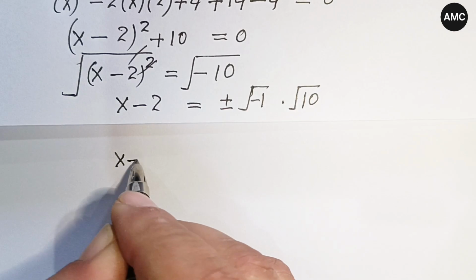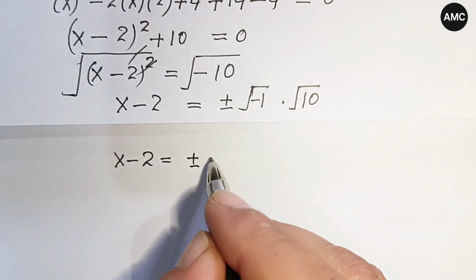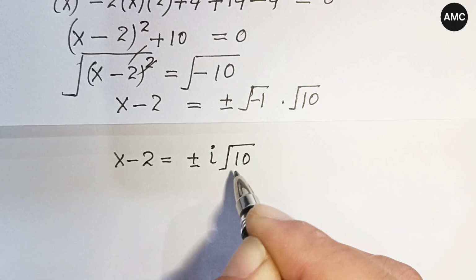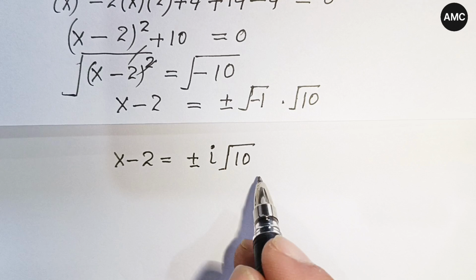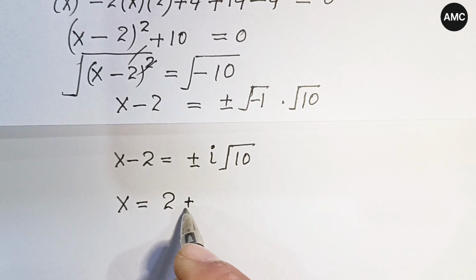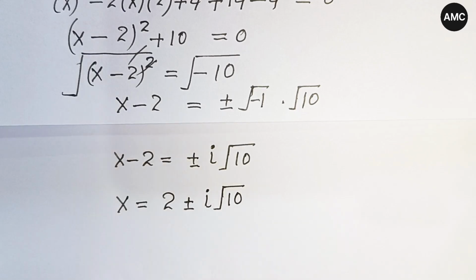Now x minus 2 is equal to plus minus square root of minus 1, which is equal to i, times square root of 10. So here shifting this minus 2 to our right hand side, we have plus 2 plus minus i times square root of 10. So here we have actually two values of x.